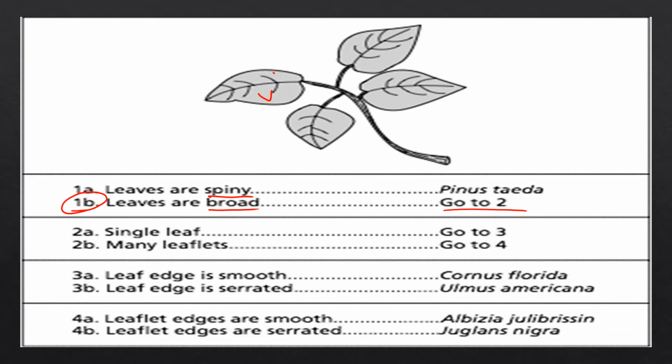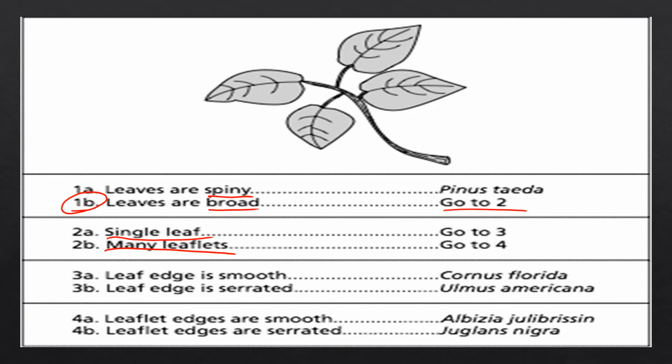Now I move on to 2. Is there a single leaf on each piece or many leaflets? Well, it doesn't appear to have little leaflets on it or little breaks in the leaves. It does seem like each one of these is a single leaf.